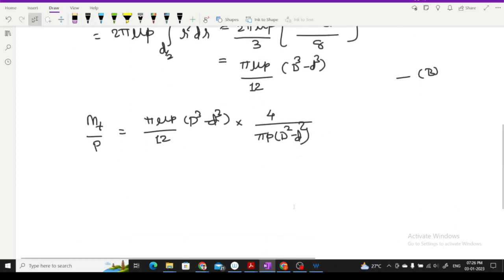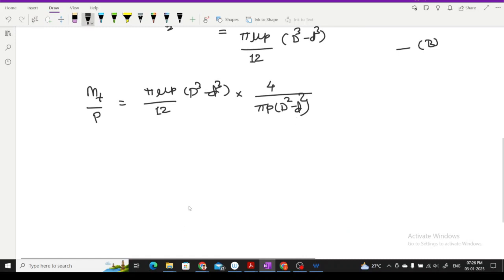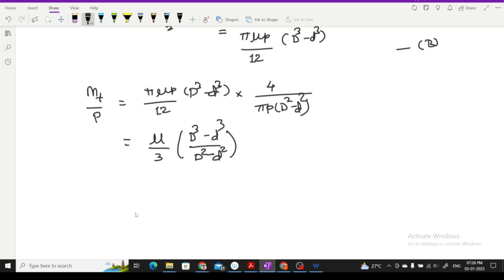So this will give you mu by 3, (D cube minus d cube) over (D square minus d square), right?